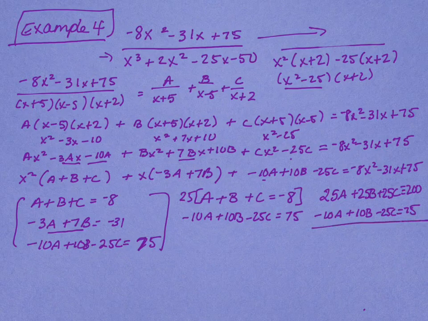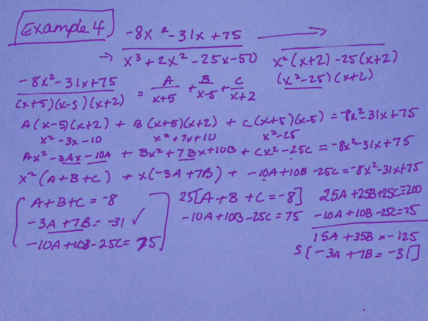So add these two together, and I get 15A plus 35B, and this is 0, equals -125. So now I have an A and a B. So I can use the middle one to do that. So I have -3A plus 7B equals -31. So let's see, I can multiply this by 5, right?